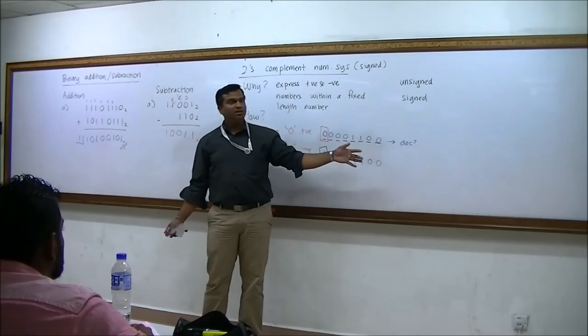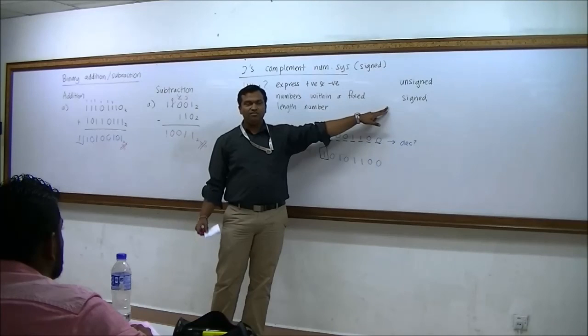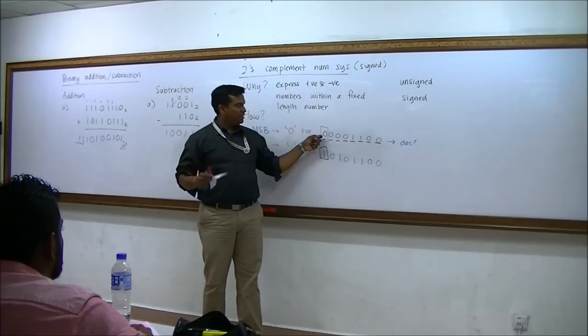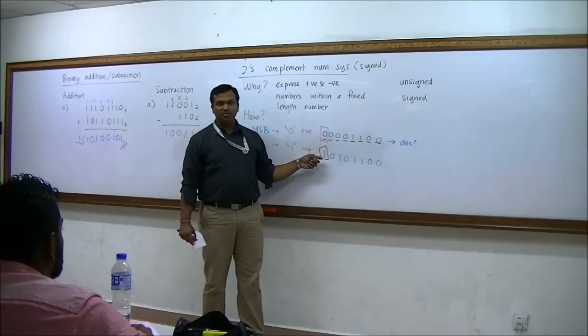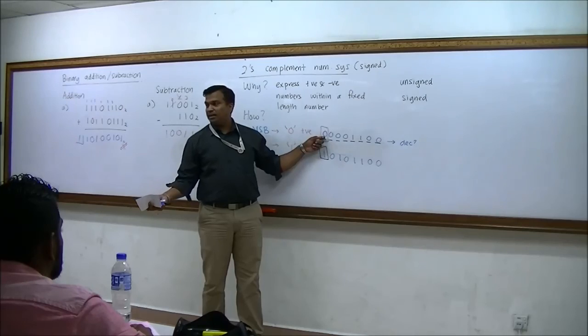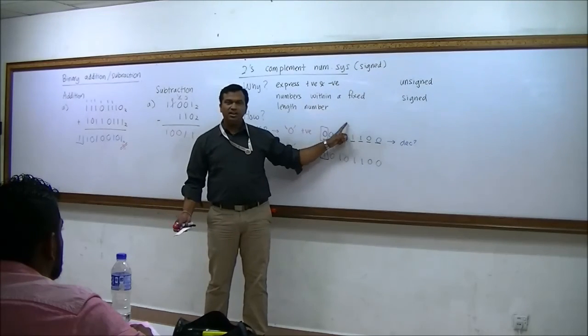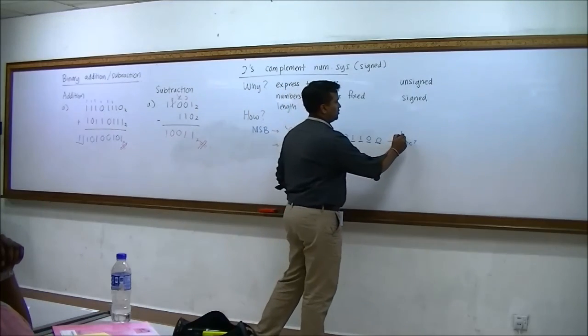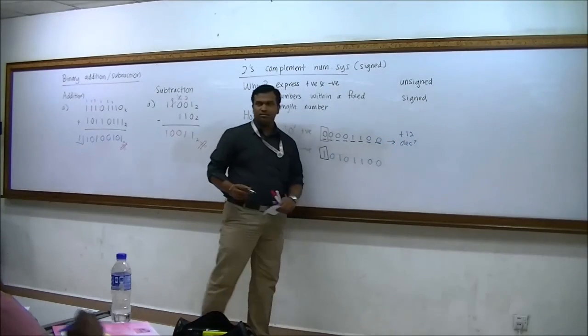But the moment it's mentioned that this is a signed binary, you should be alert to the most significant bit. If it's 0, you do the same as normal binary. You take the weightage and add up, so this one becomes positive 12.